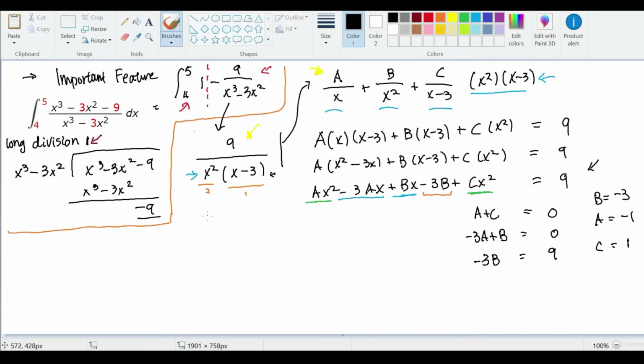It'll be negative 1 over x, plus negative 3 over x squared, plus 1 over x minus 3. And now you just literally do the integral, but do not forget that we have the 1. To save time I just ignored it, but do not forget it.